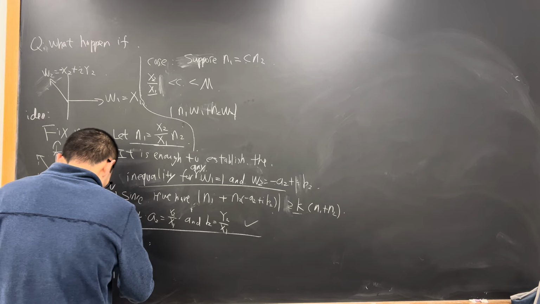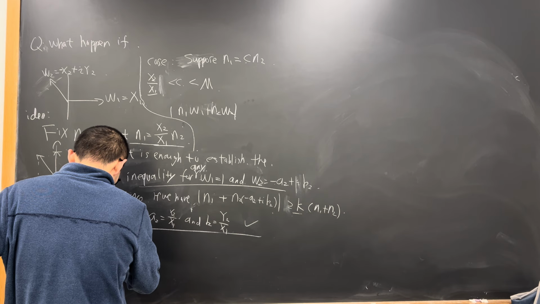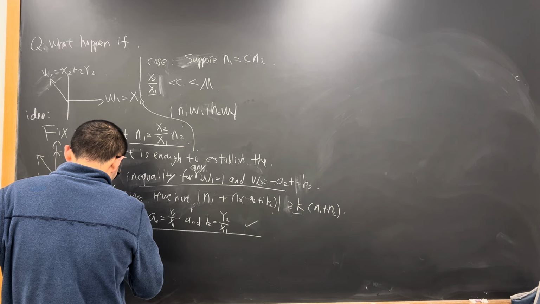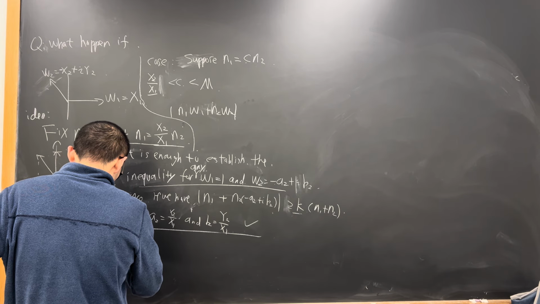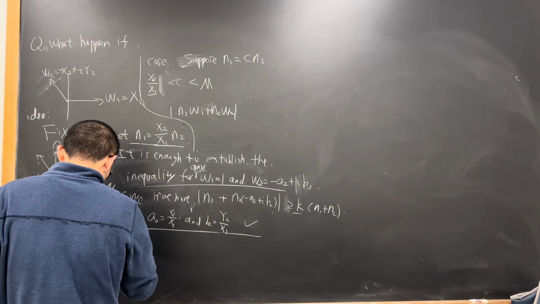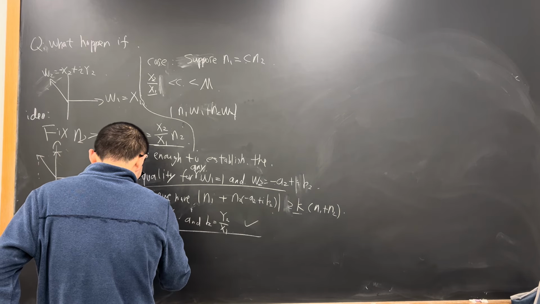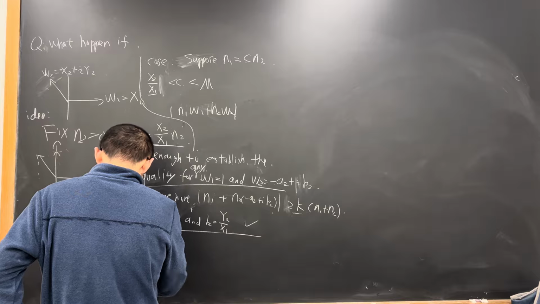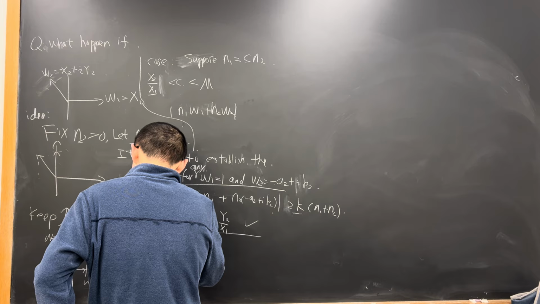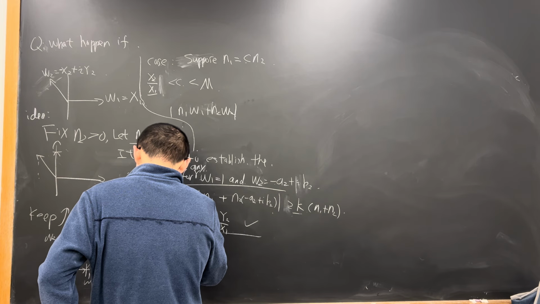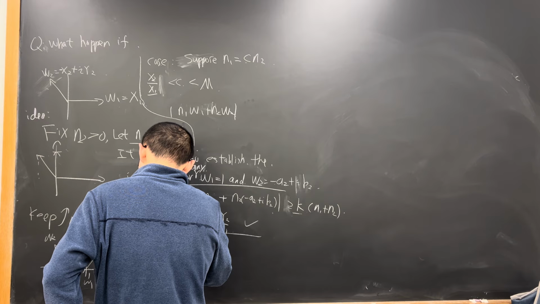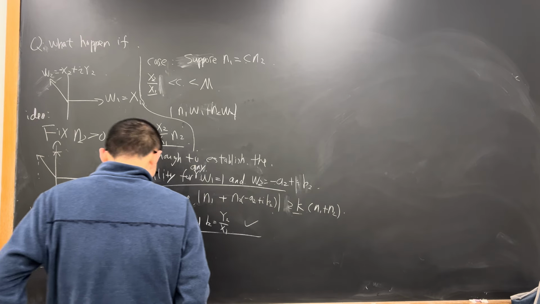Let's say that if this n1 is bigger than this 3n2, then we have this n1 omega 1, which is just n1.